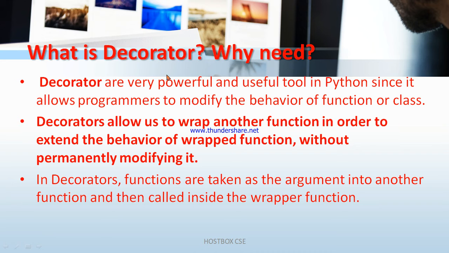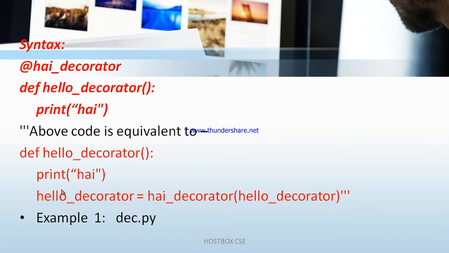According to Python, there are two types of decorators: one is called the function decorator, another is called the class decorator. I will highlight only the function decorator today. So how do you write it? The syntax is based on a simple function. For example, I can write the function hello_decorator, then def hello_decorator, then print hi. This is a way of using the decorator in Python.